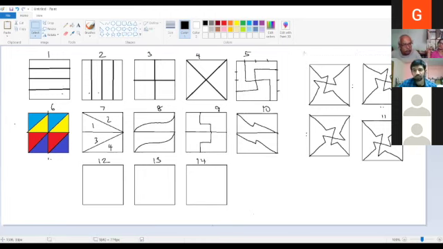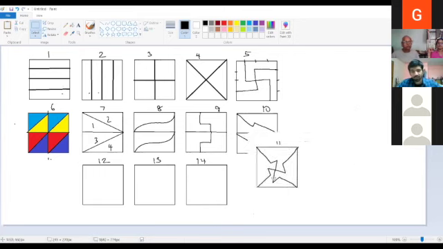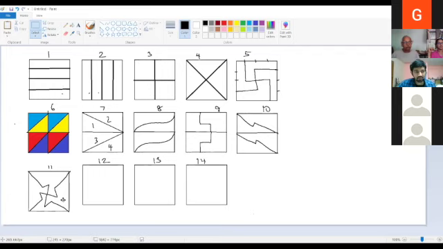Now my question will be, have we found all the solutions, or at least all the different classes of solutions? You can see that you got different solutions, but do you think we have found all the solutions? Have we exhausted all possibilities, or might there still be some different ways to divide the square?